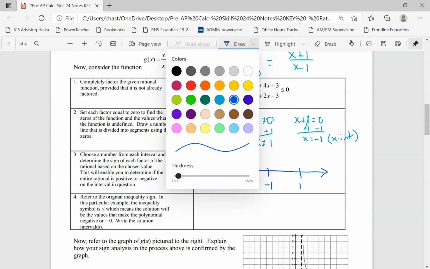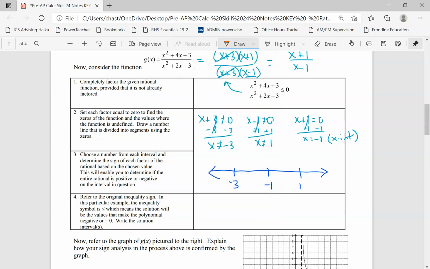This is a lot like what we did a few lessons ago with the nonlinear inequalities. I'll pick something smaller than negative 3, let's use negative 4. Between negative 3 and negative 1, I'll use negative 2. Between negative 1 and 1, I like to use 0. And a number greater than 1, I'll use 2.